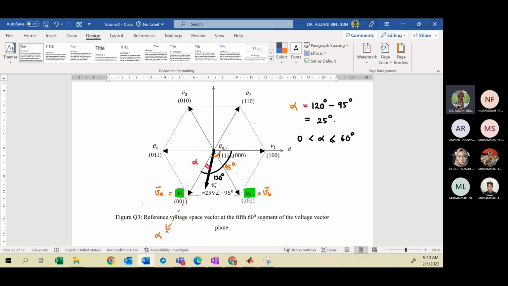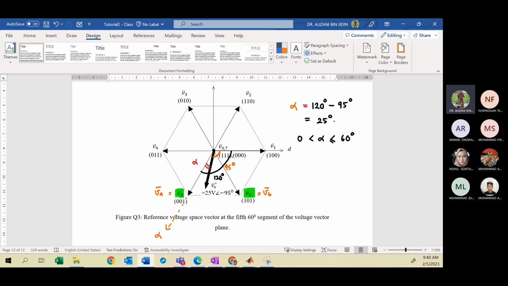That is a very important step. If you fail this step, you can get a wrong answer, wrong derivation. So make sure you sketch the vector diagram properly. The first adjacent vector to be selected, VA, in this case is V5. So you must draw the vector in line with the alpha axis.